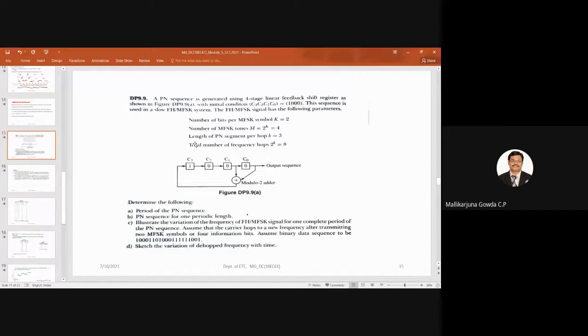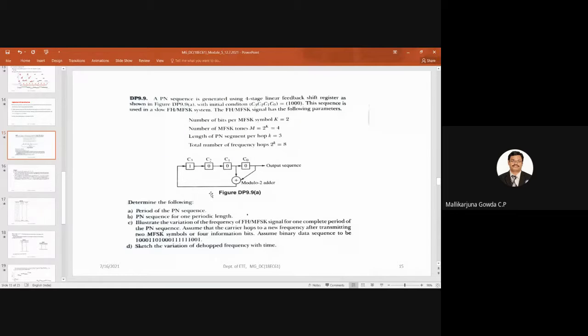The length of the PN segment per hop is 3. So the total number of frequency hops is 2 power 3, which is equal to 8, right? Total number of frequency hops.